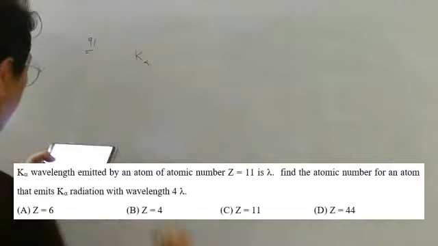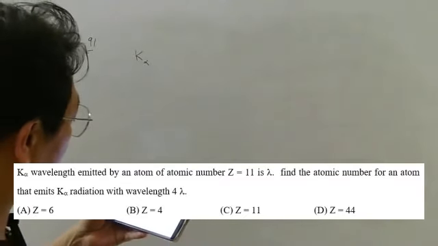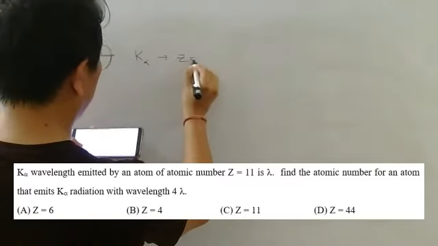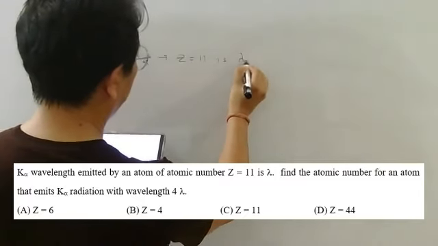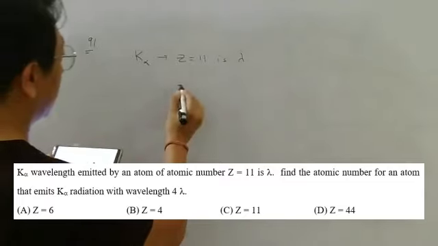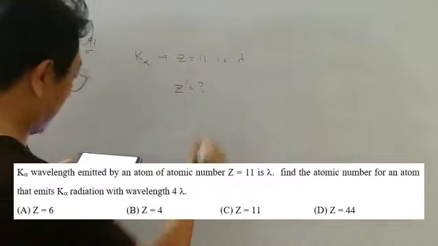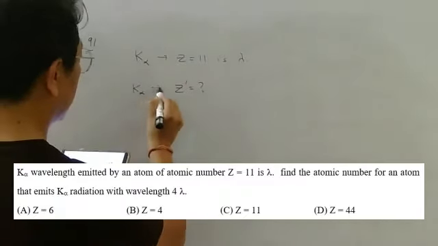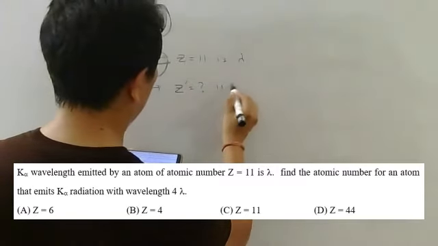K alpha wavelength emitted by an atom of atomic number Z equals 11 is lambda. We need to find the atomic number for another element, for K alpha only, whose wavelength is 4 lambda.